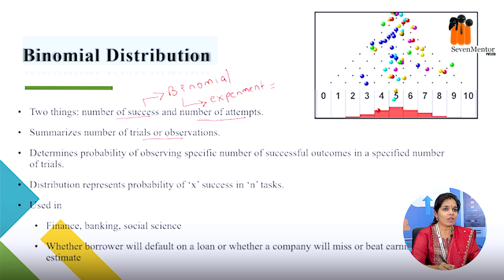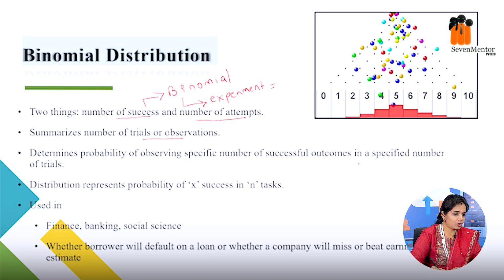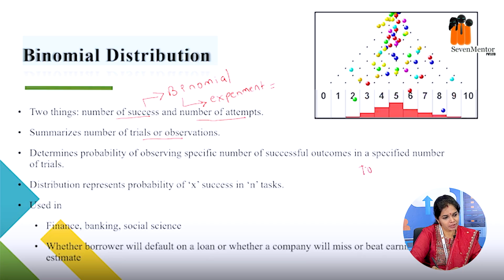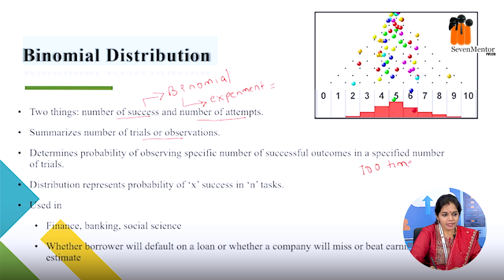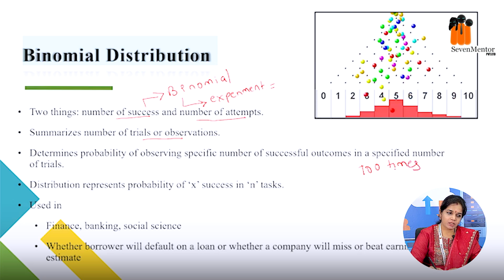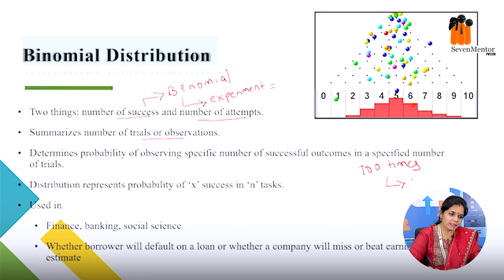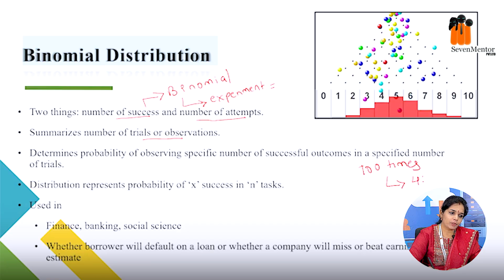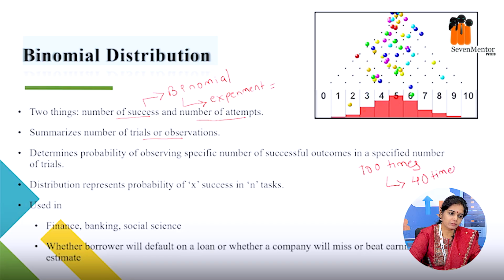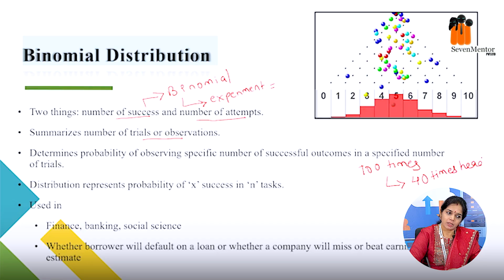Let's say I toss a coin 100 times. There is a probability of getting at least 40 times head. Correct?